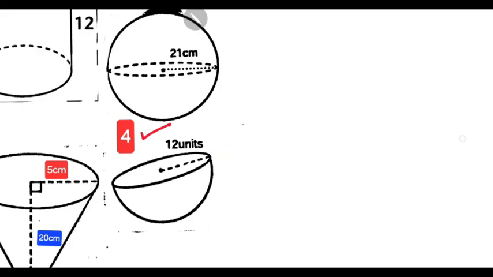So now we need to find the surface area of hemisphere. Surface area of hemisphere, the formula is 3 pi r square. Now must remember, this is very important. We're gonna use lateral surface area also in combined shape. I will show you what is the curved section.